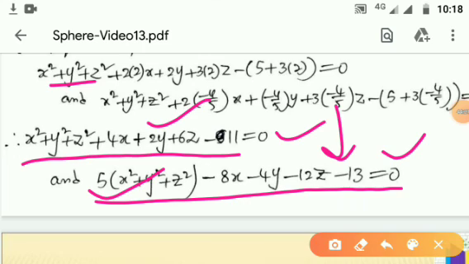By applying the condition, we will get two values for the parameter lambda, and by taking these two values of lambda in the equation of the coaxial system, we will get two spheres. These two spheres are the required spheres with this condition.